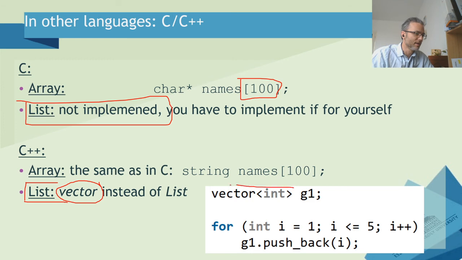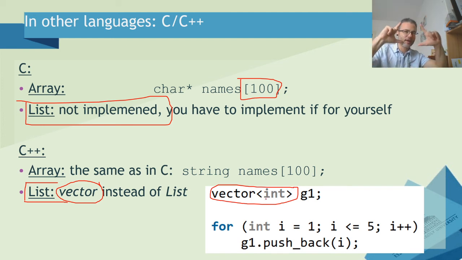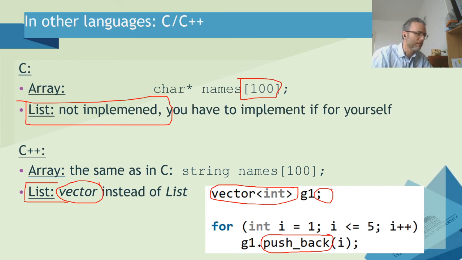If you look at the code, it is used almost the same as you use list in C#. You have to use these funny brackets for the type of the elements. You don't have to use the new keyword here. So there are minor differences. For example, instead of the add method, you have to use the push_back method. But anyway, the idea is the same.